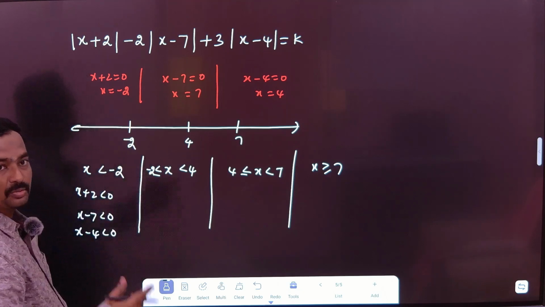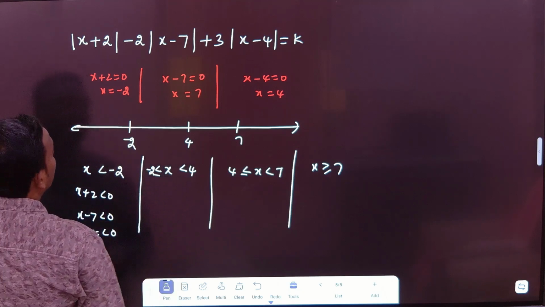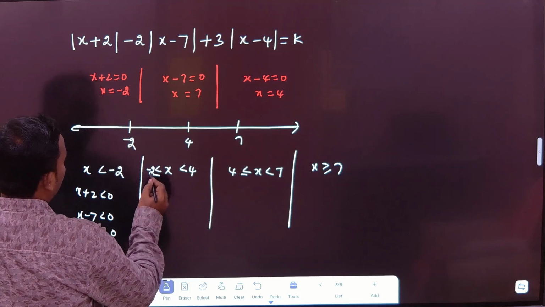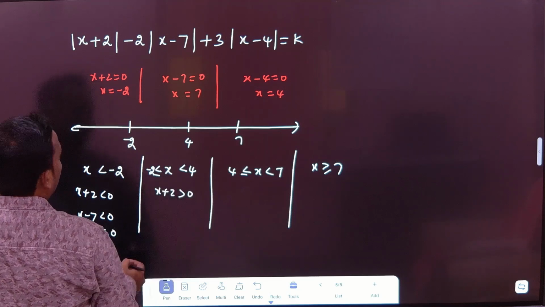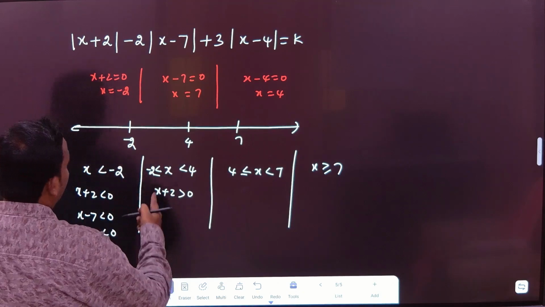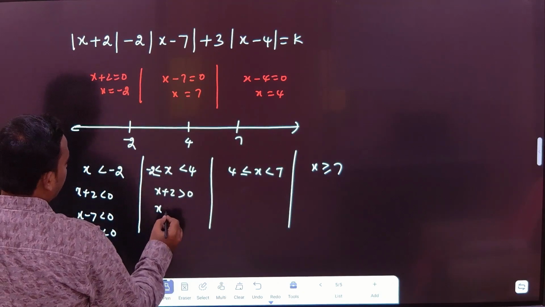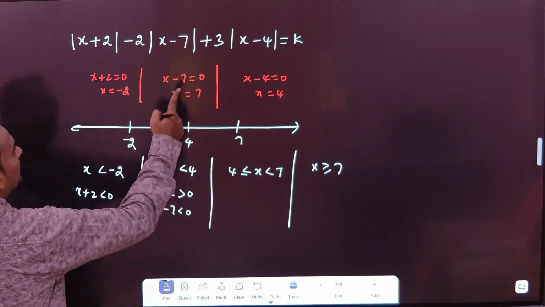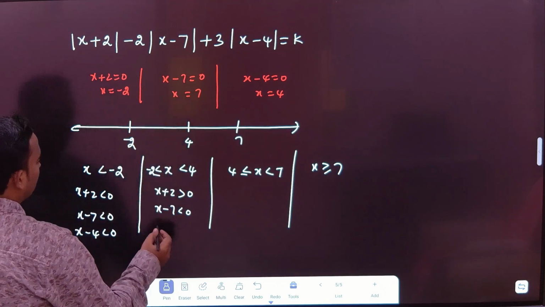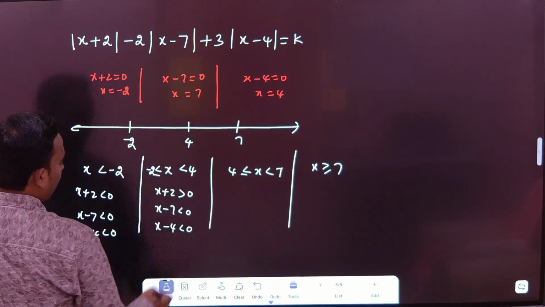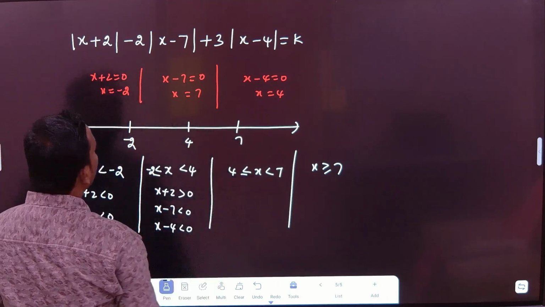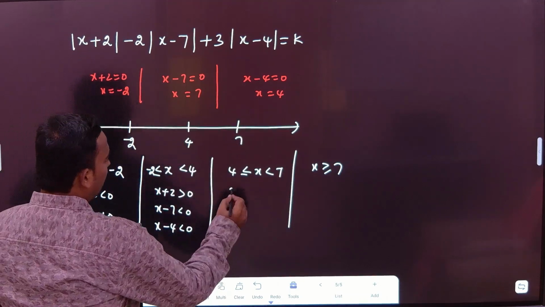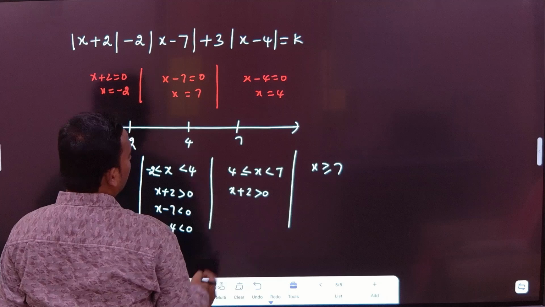Let's take -2 to 4. If you add 2, x + 2 is definitely positive. If you add -7, it is definitely negative. If you add -4, this is also negative. So for 4 to 7, x + 2 is positive.